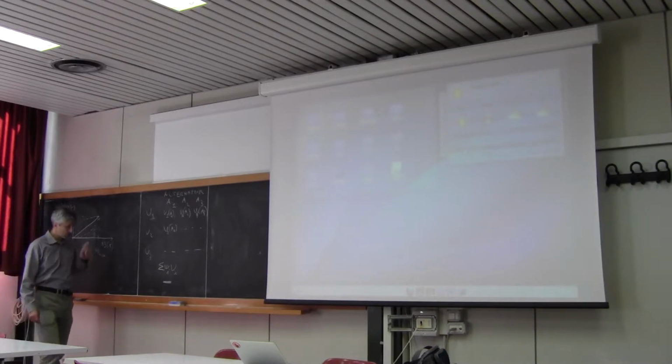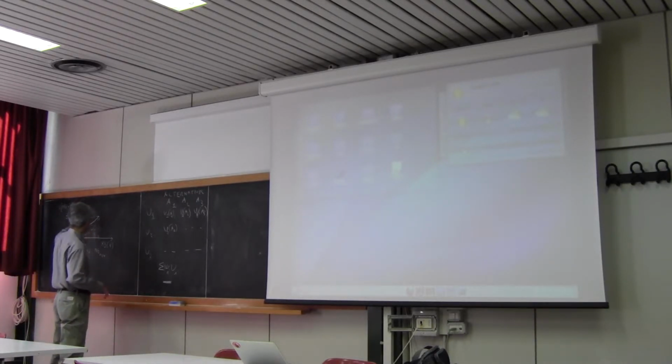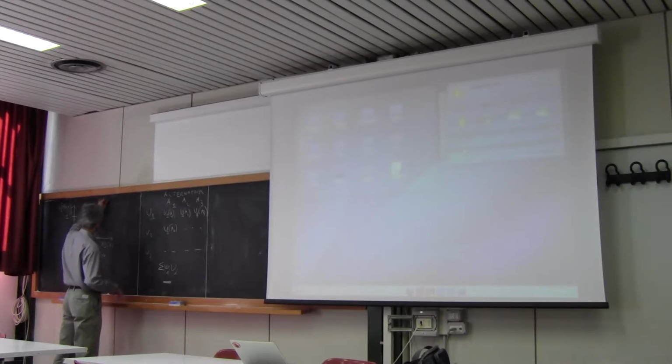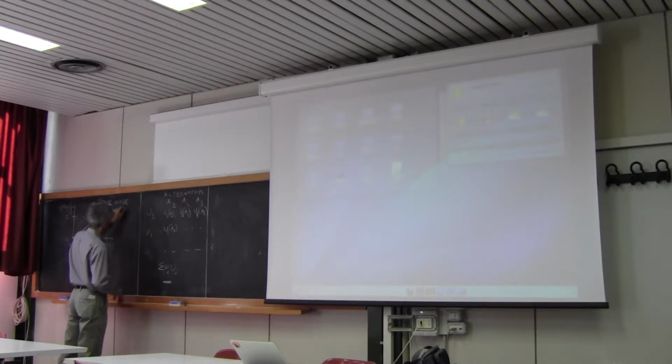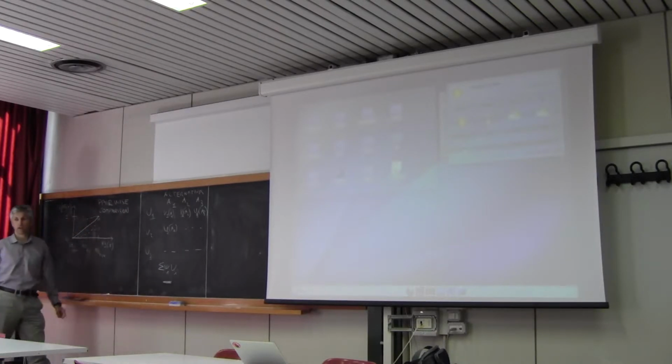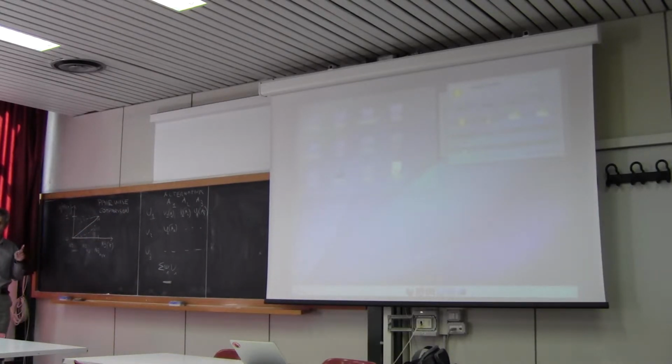What I'm introducing today is called pairwise comparison, in Italian confronto a coppie. And I make available on my website today some supporting material that I will use to explain this pairwise comparison.